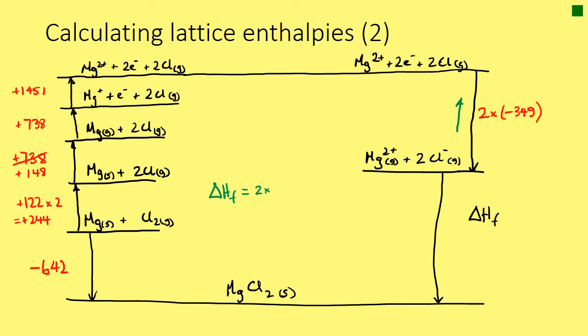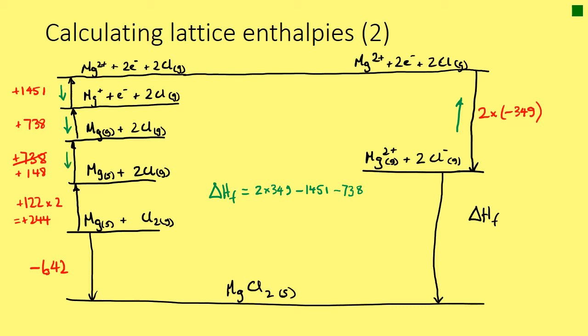So we've got 2 times 349, and then the next step is to go against this arrow, so we subtract the 1451, and then we do the same for the other ionization energy, so we subtract another 738.